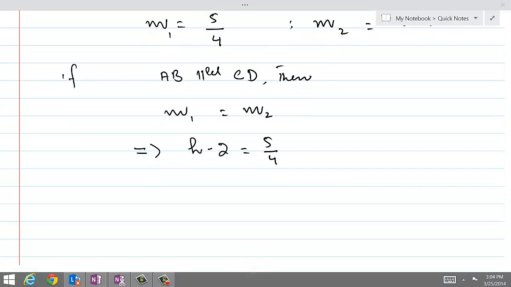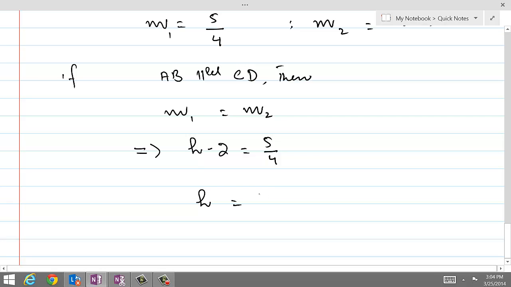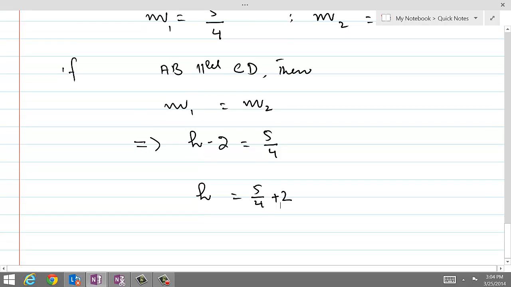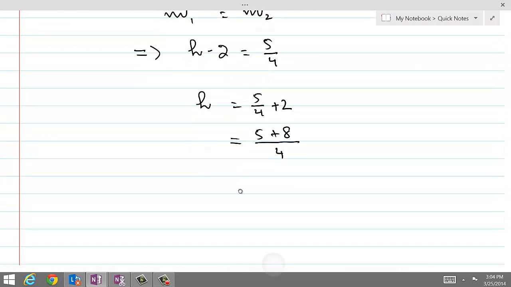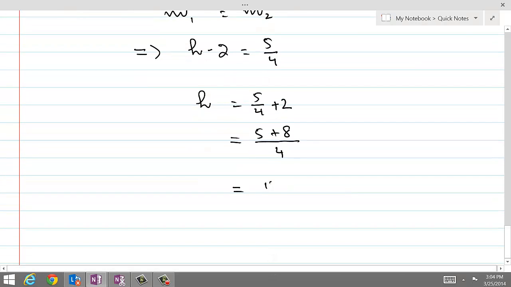So h can be found by transferring 2 to the other side of this equation: 5 over 4 plus 2. By simplifying this fraction, this gives us 5 plus 8 over 4. So the value of h would be 13 over 4. This is the value of unknown h. For this value of h, the two lines will be parallel.